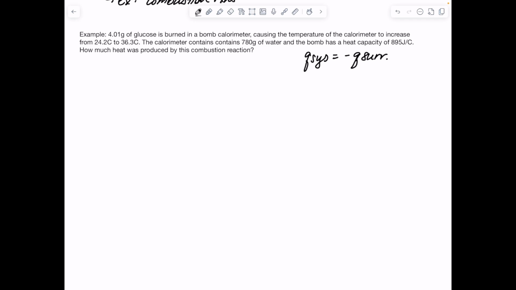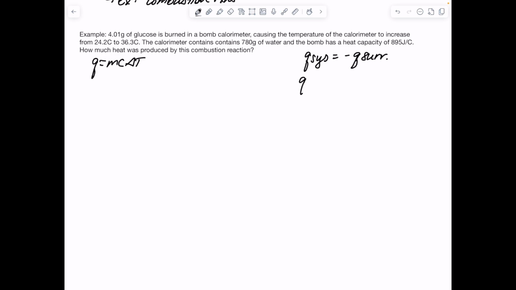Our system here is the glucose, and the surrounding is the bomb calorimeter. Typically, you would be inclined to say this is a Q equals MC delta T situation, just plug and chug and find the missing variable. In this case, it's asking for one of the Qs: how much heat was produced by this combustion reaction?